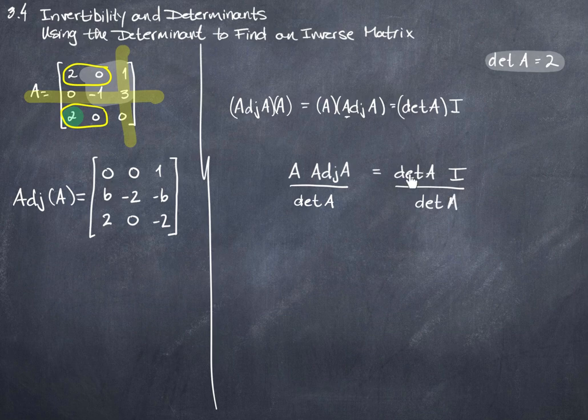Having done that, these two values cancel, and I'm left with A times 1 over the determinant of A times the adjoint of A equals I, because these values cancel, right? So I just have I left on that side.